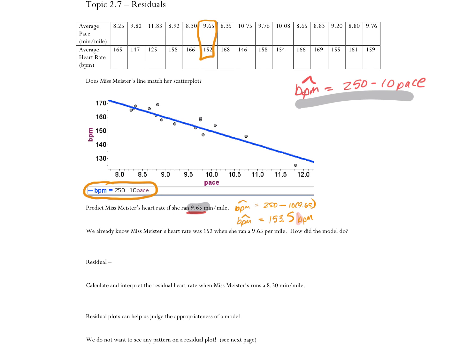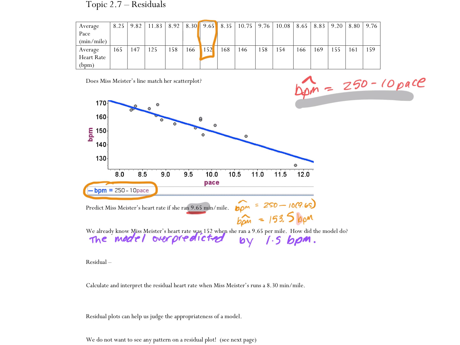And how close? 1.5. In fact, we could say the model over-predicted by 1.5 beats per minute because it was a little bit too big. How are you guys feeling about that idea?